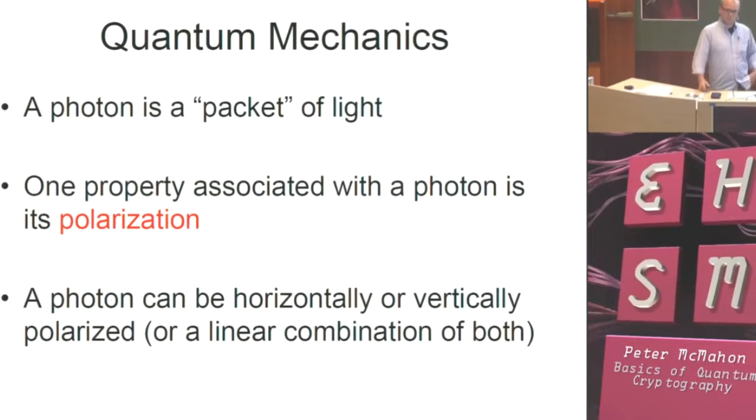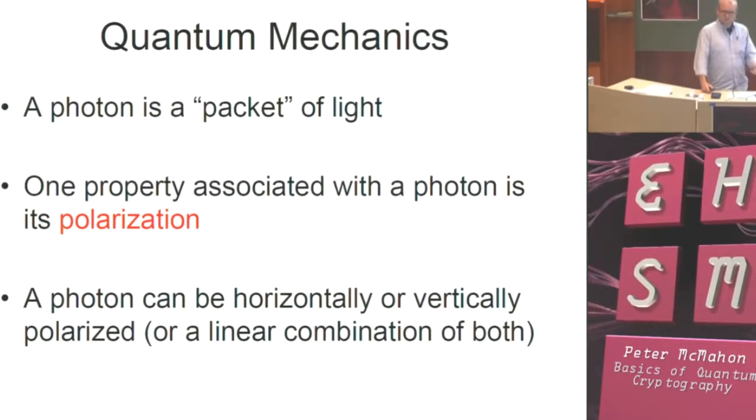So first of all, for the rest of the talk, I'm going to talk basically about photons. Most of you, I guess, know that a photon you can basically think of as being like a packet of light, a discrete blob of light. And one property that's associated with photons is polarization.